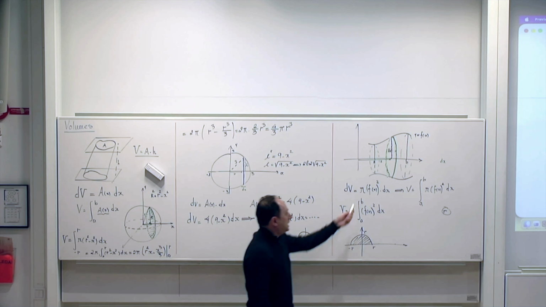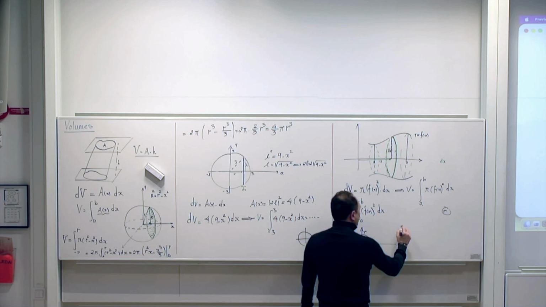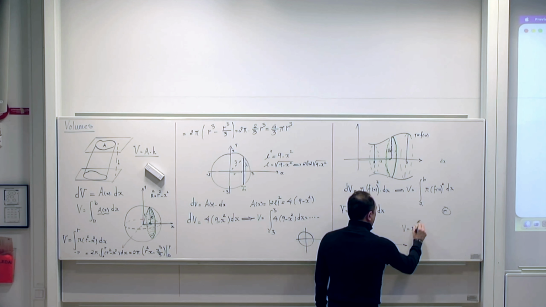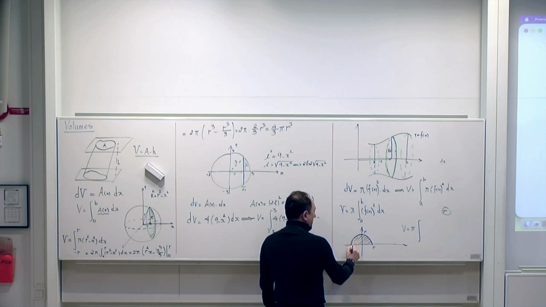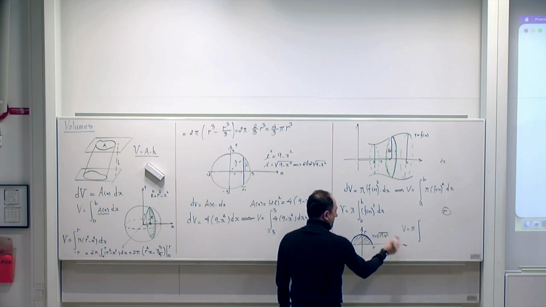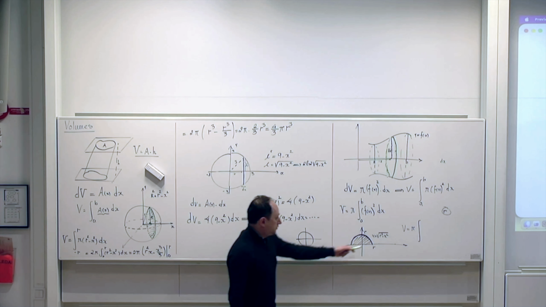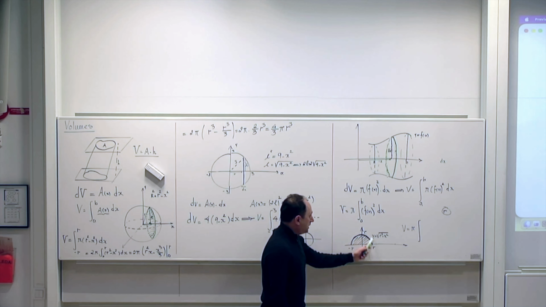Then I can use this formula, but can you tell me how? So V will be pi integral of f of x squared. Do you remember the formula for the semicircle? What is the function? y is equal to the square root of r squared minus x squared. This is the formula for the semicircle. So this is my y or my f of x.